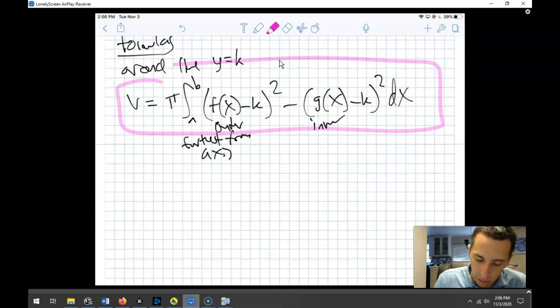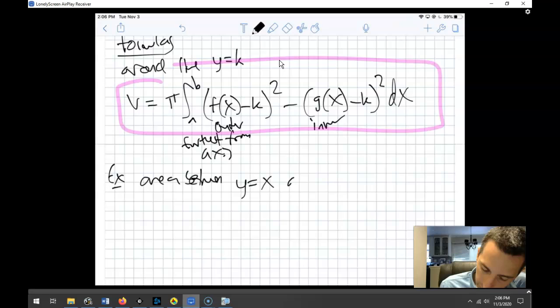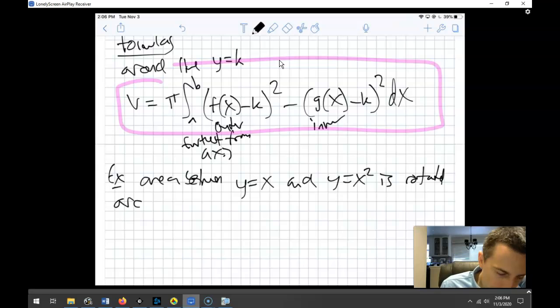All right, so let's look at one more example here where we have the line above the area. So let's say the area between y equals x and y equals x squared is rotated around the line y equals 3.